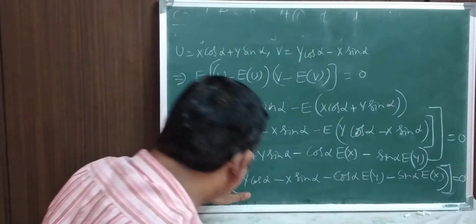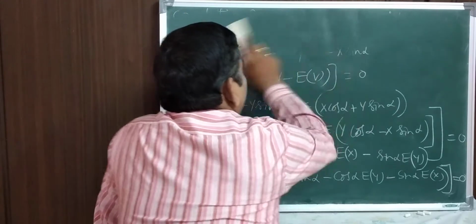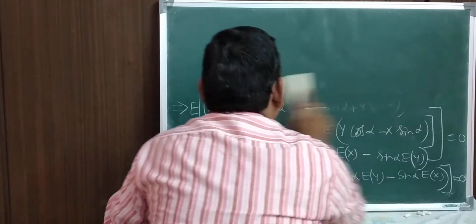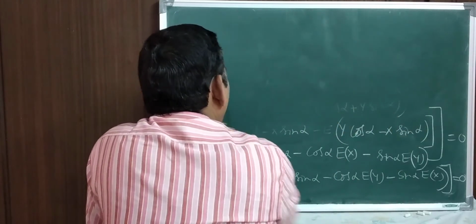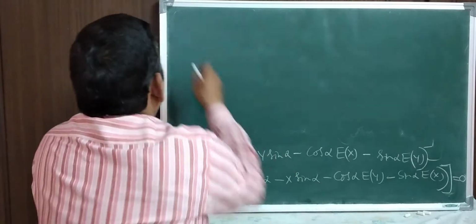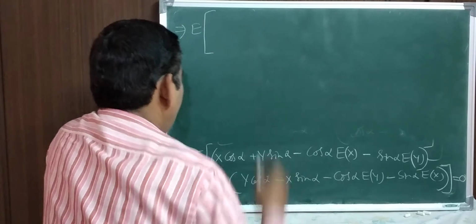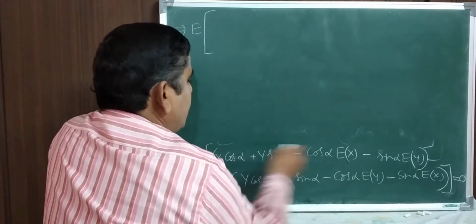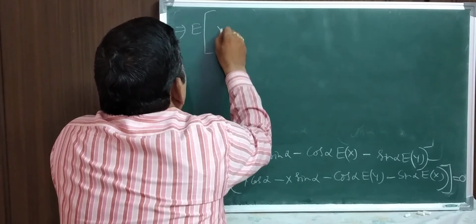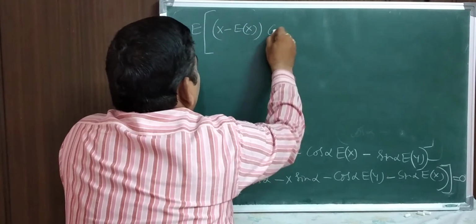Now you see here, cos alpha is common. If you take cos alpha common in the expectation, then I am writing here x minus expectation of x into cos alpha.